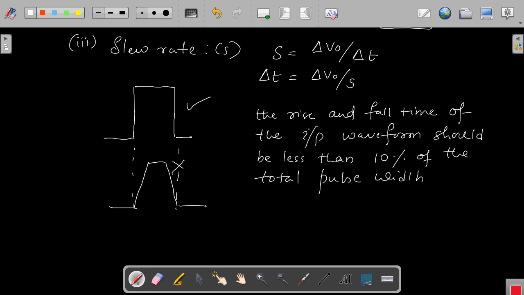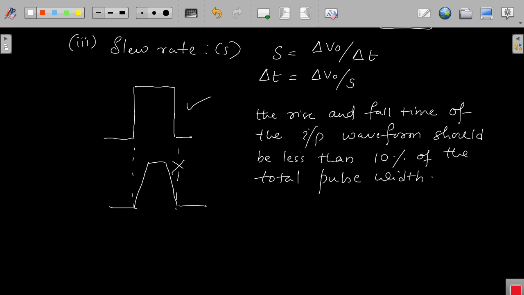We will take one example and we will see later, right? So in order to avoid the distortion at the output, or in order to avoid a waveform other than the perfect square waveform, right? You will have to have the rise and fall time of the input waveform at least less than 10% of the total pulse width. These are the three parameters or the three criteria to be considered as long as the switching applications of the operational amplifiers are concerned, right?